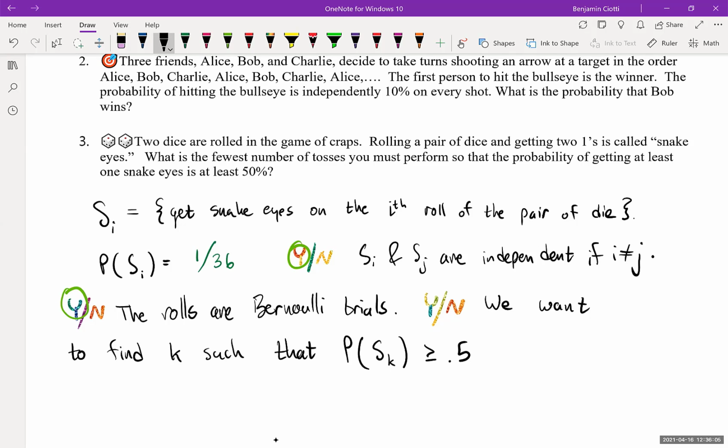Yes or no? That would be the probability of getting snake eyes on the kth roll. Well, no, that's not true. In fact, the probability of getting snake eyes is always 1 out of 36. So no.